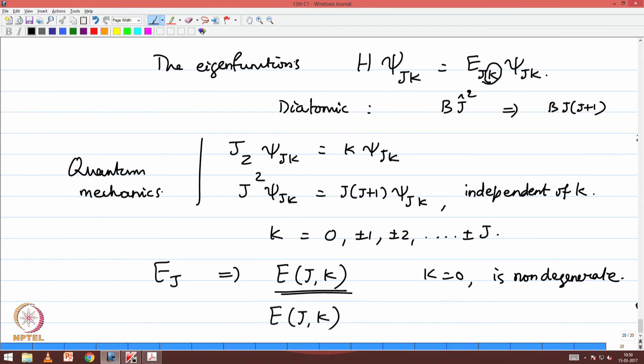And for any other value of K, irrespective of whether it is plus K or minus K, you will see that for K non-zero, it is doubly degenerate.